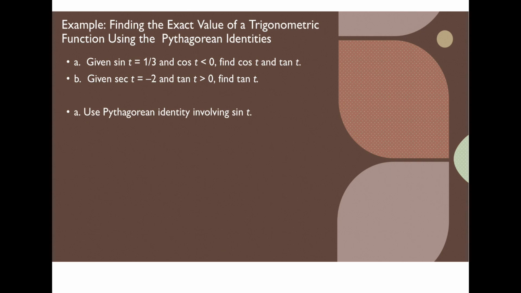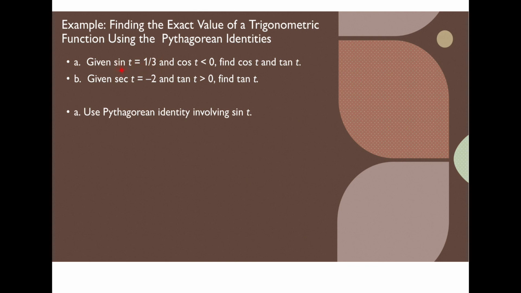We're given sine of t is 1/3 and cosine of t is negative. Find the cosine and tangent of t. All right, so it looks like sine is positive, cosine is negative, and sine is 1/3.